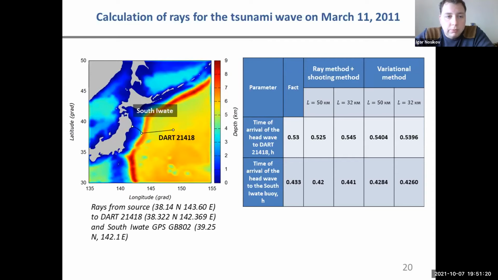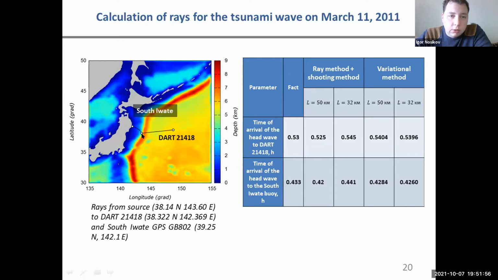And after the model examples, we try to check how our approach works in a real situation when we have a real ocean depth. For example, we calculate the event of March 11, 2011. It is the Tohoku earthquake and Tohoku tsunami.